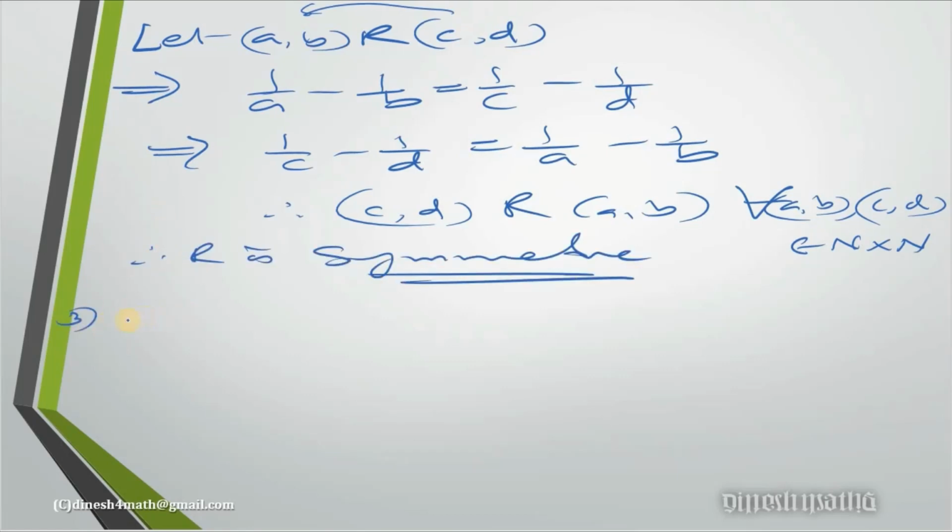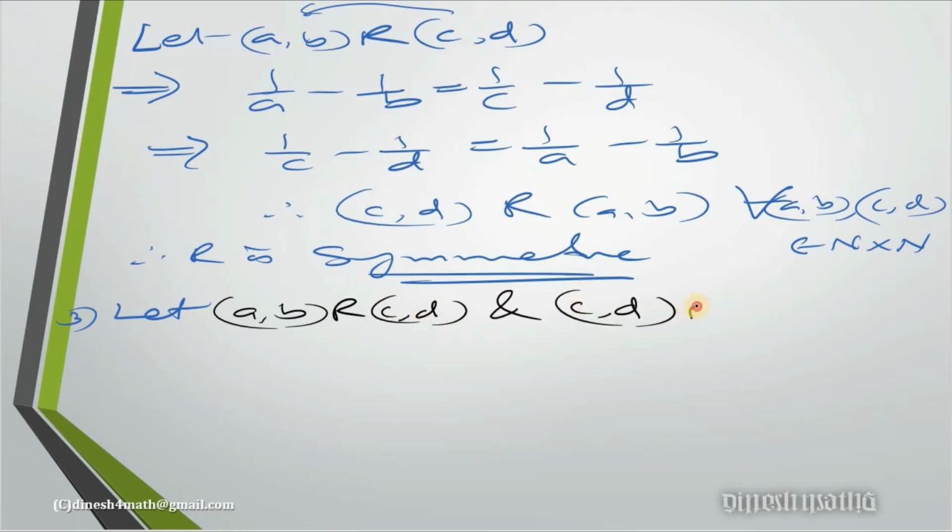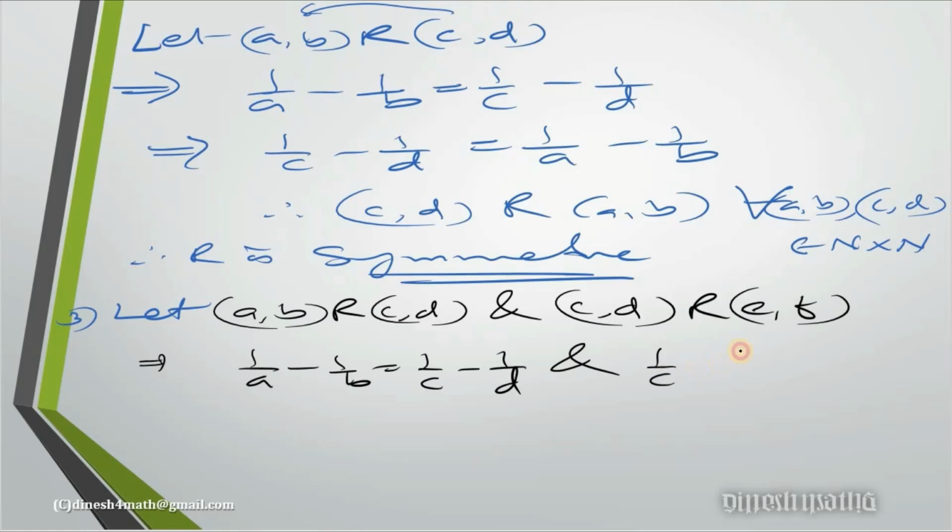Now the third and last part. Let (A, B) be related with (C, D) and (C, D) related with (E, F). So this gives you 1/A − 1/B = 1/C − 1/D and 1/C − 1/D = 1/E − 1/F.